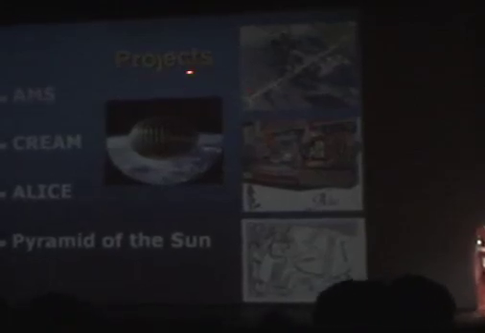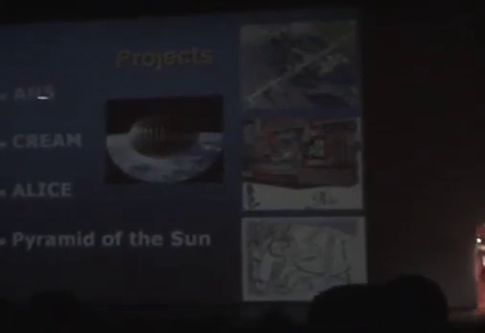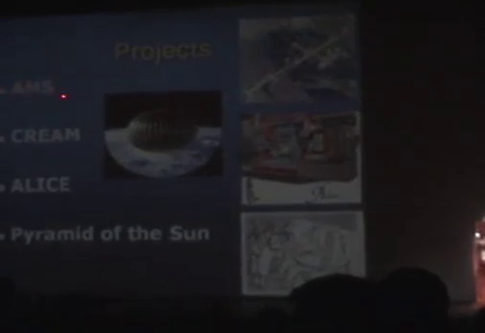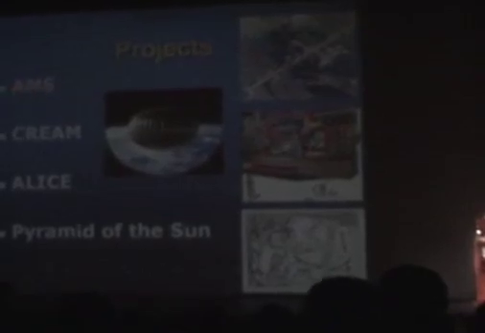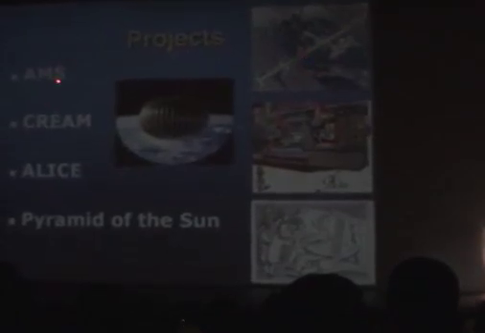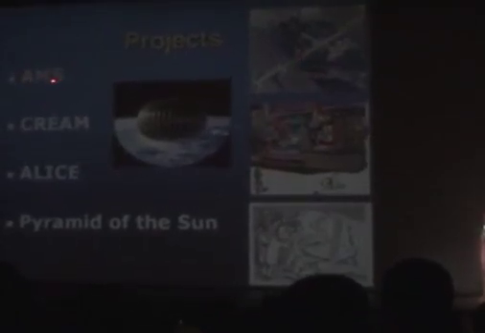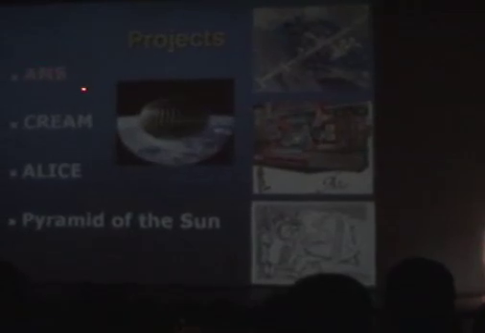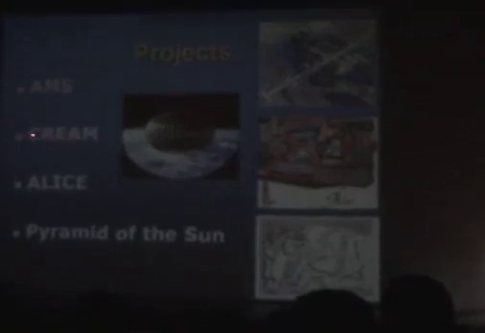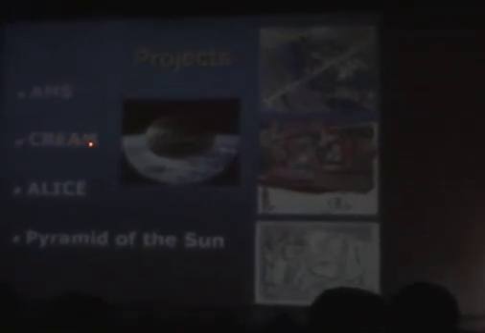So these are projects. The first three are international projects. The first one is called the Alpha Magnetic Spectrometer, a magnet that has been built to be installed on the International Space Station. We have contributed to this project a piece of equipment, as I'm going to describe soon. CREAM is Cosmic Ray Energetics and Mass.